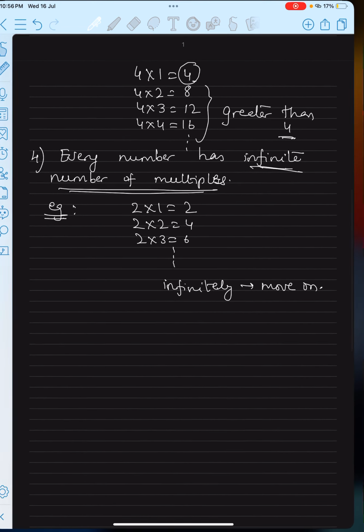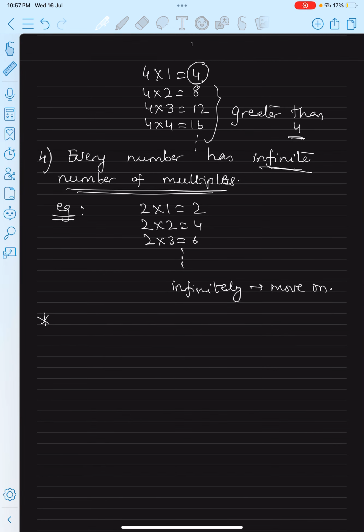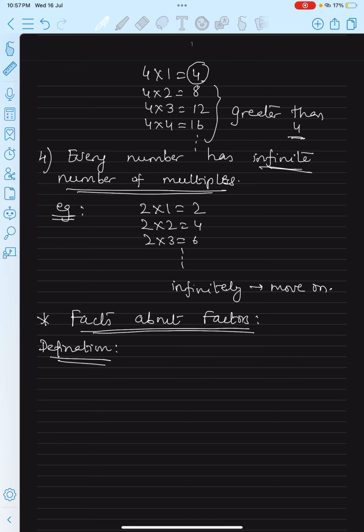Now we shall start with the facts about factors. Now for this, first I would like to give you a proper definition of factors. What are factors?